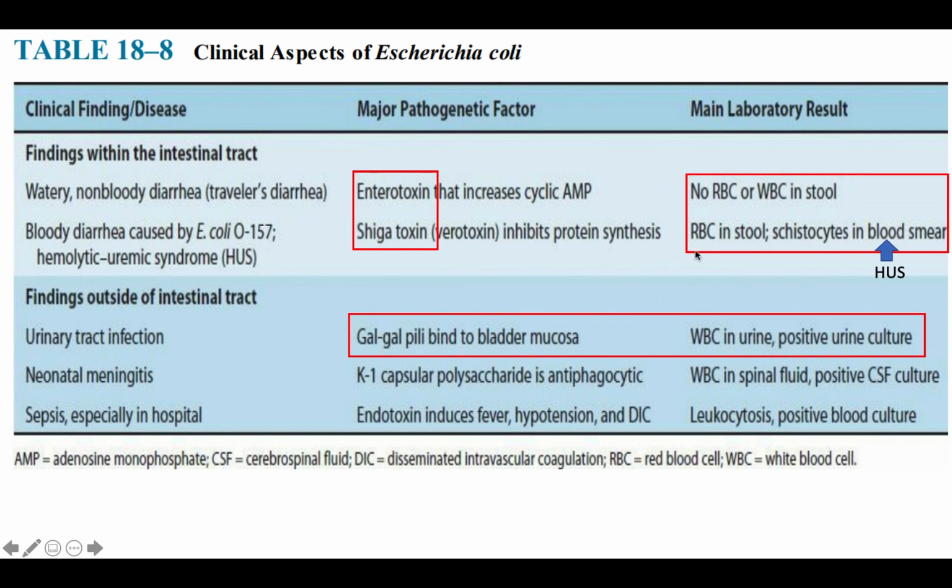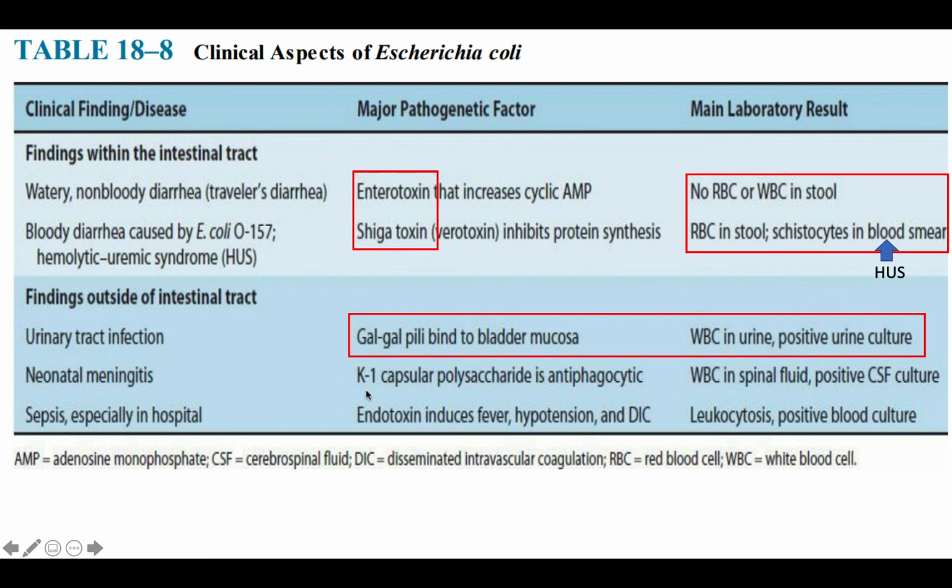So this is hemolysis. Let's talk about things outside the intestine, like urinary tract infection. What is the major pathogenic factor? It will be the pili binding to the bladder. This is called the P pili. What will you see when you do a urine analysis? You will find white blood cells in the urine and a positive urine culture.